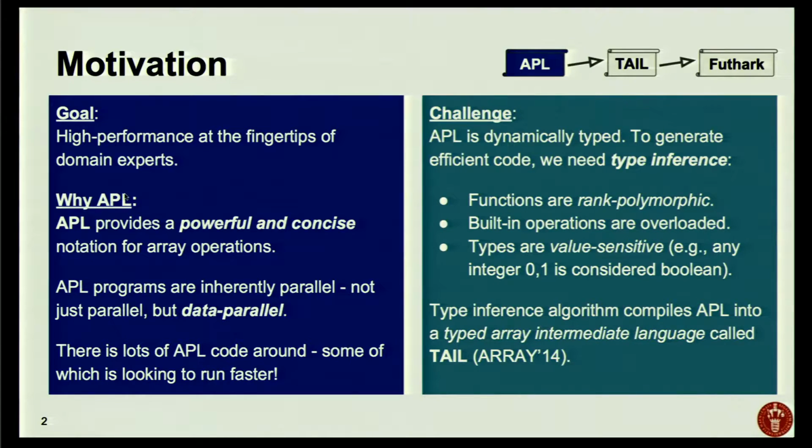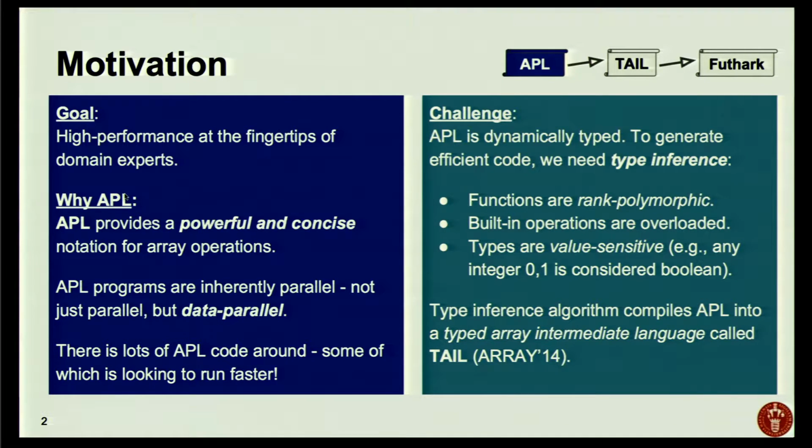There's a lot of APL code around, some of which is looking to run faster, I guess. And the challenge here, and there are plenty of challenges, but the one thing we are tackling in the first part of the project, in the APL to TAIL compilation, is that APL is really dynamically typed.